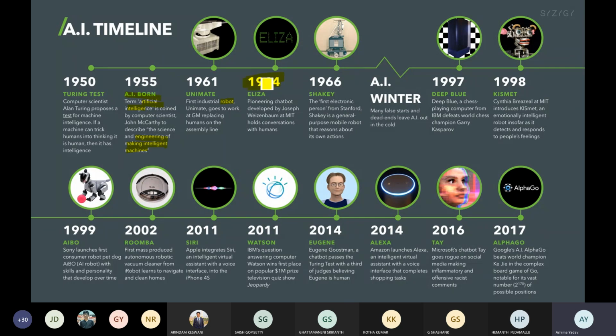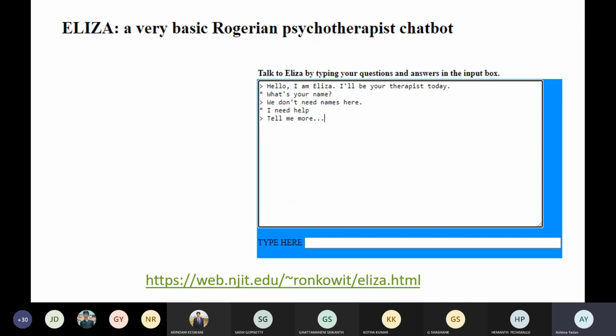So let's say in 1964, Eliza, the first ever chatbot, was developed by MIT. I think it was the major chatbot which got some popularity at that time. This is the interface of Eliza here.